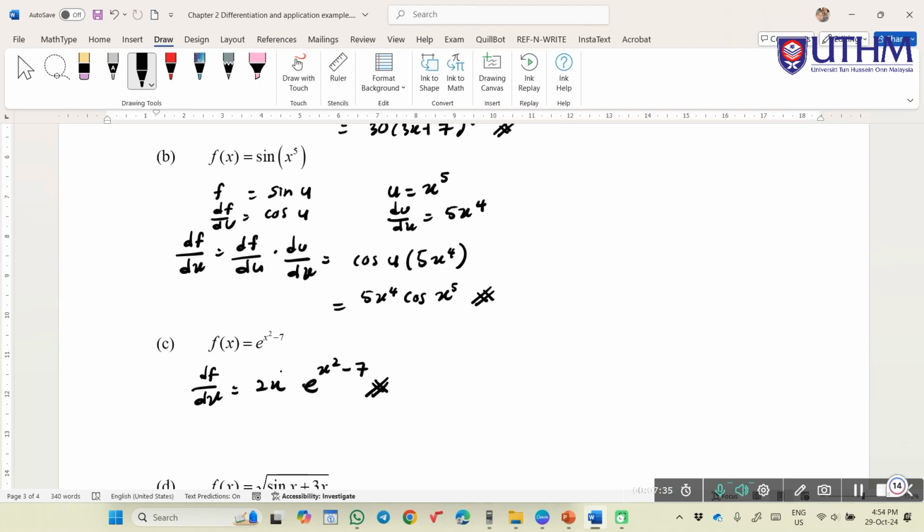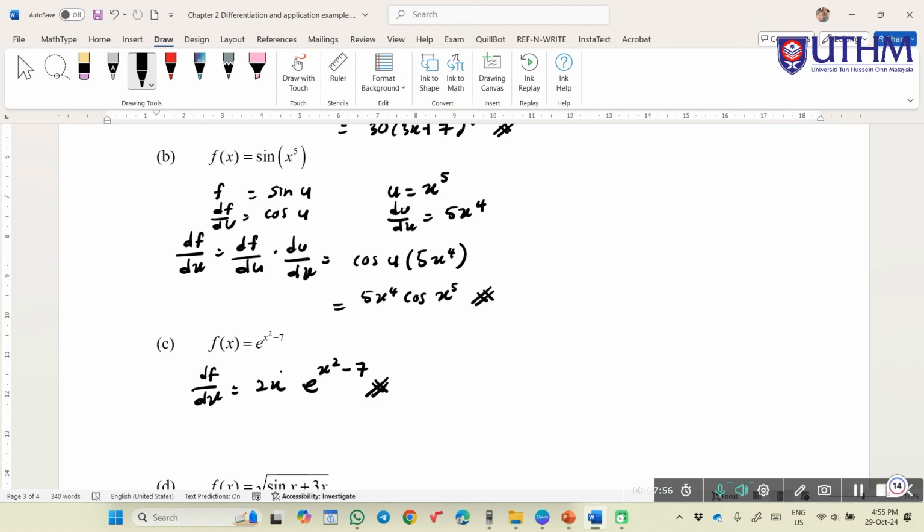Don't use the direct method, because I know most of you know how to differentiate this directly: we just differentiate the exponent, then multiply with the differentiation of the power.